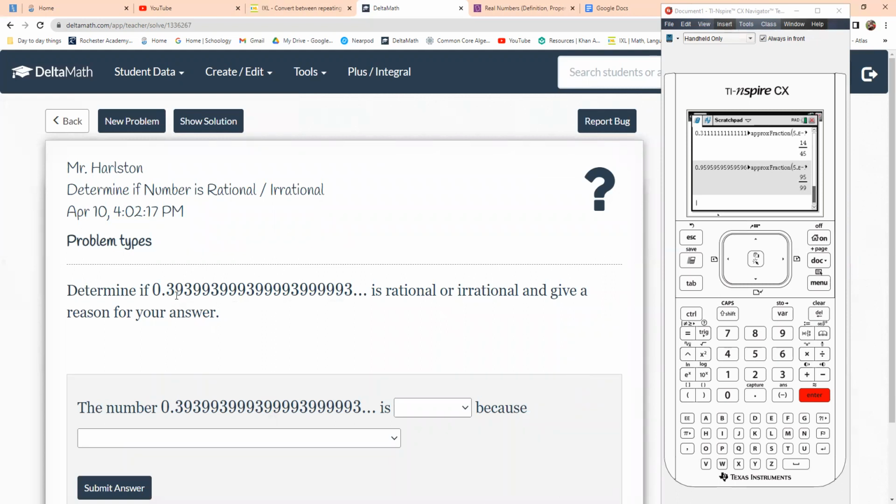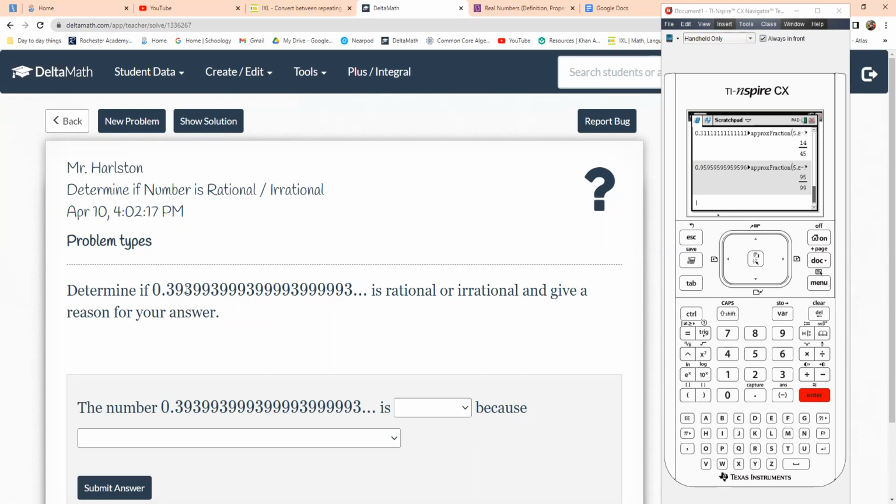So it says 0.39, 399, 3999, 39999, 3999999. So each time it's adding a 9. Now, even though this has a pattern, it's not a repeatable pattern. And what I mean is, if it was 393939393939, then that would be rational.